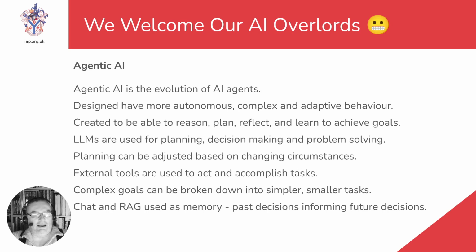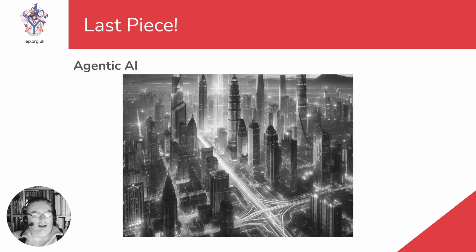With agentic AI and AI agents communicating together, we would have created IOA, the Internet of Agents. There are still problems to be solved. Designing and managing multi-agent systems can be very complex. Resolving conflicts between agents can be challenging. Ensuring that agents are trustworthy and secure is crucial. And that is the last piece of our AI puzzle.